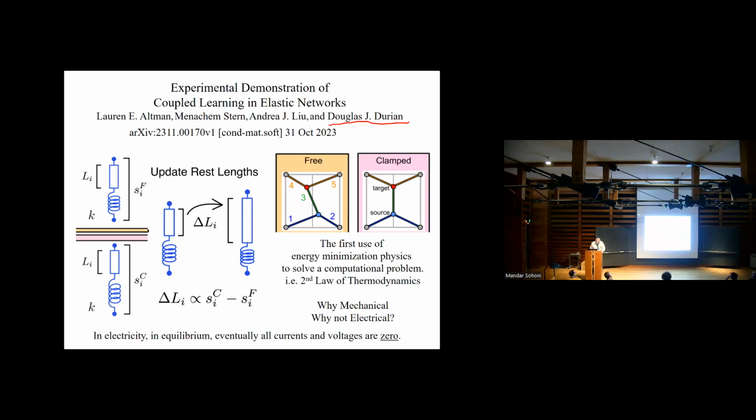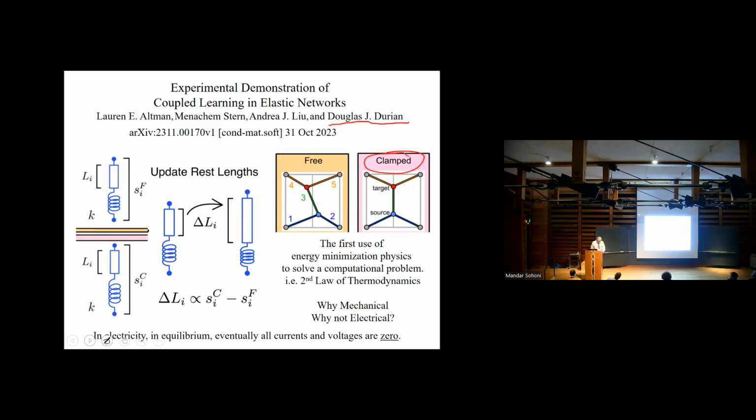And it's mechanical. You see, he's got masses and springs and so forth, and clamping them. So I think this is the first I've seen of the use of a mechanical system that is following the second law of thermodynamics for optimization.